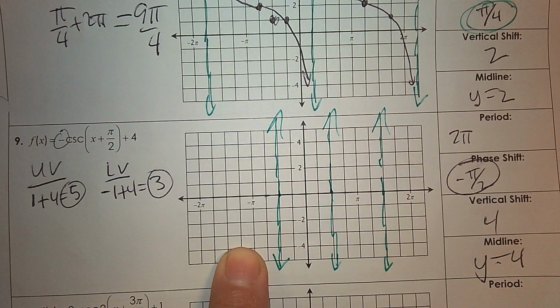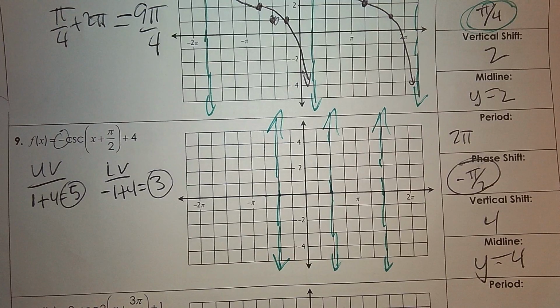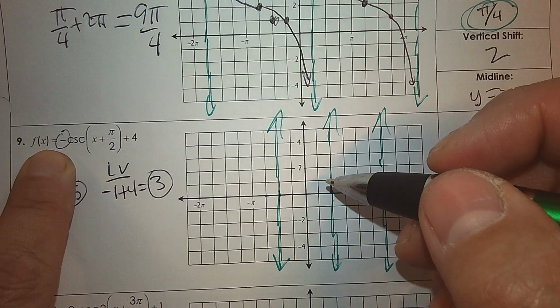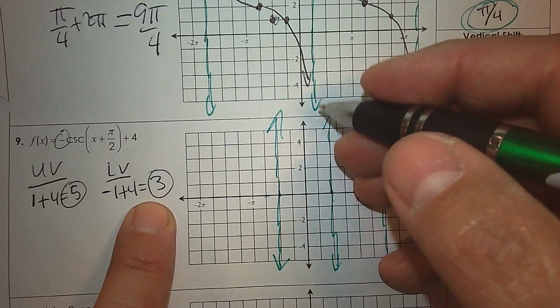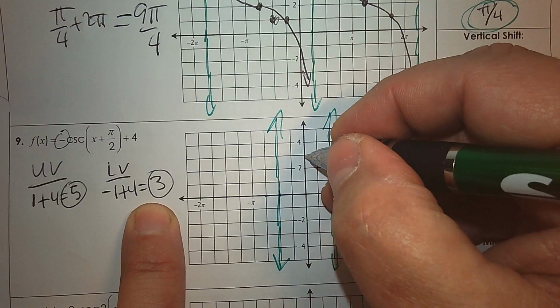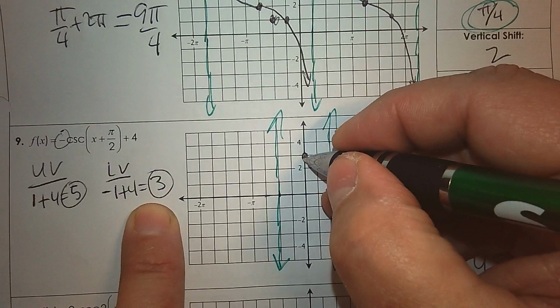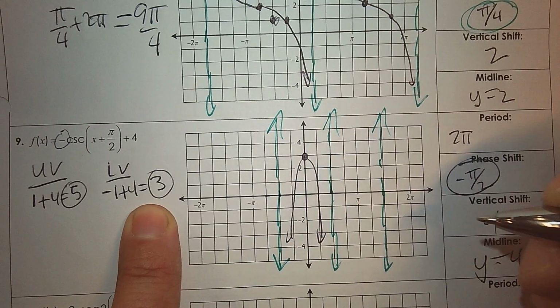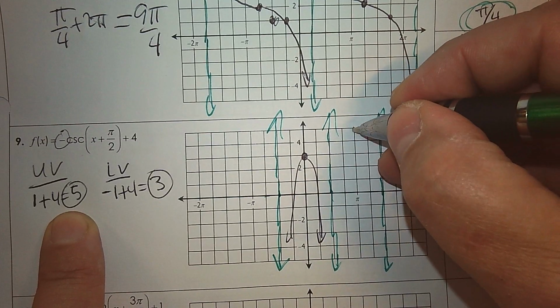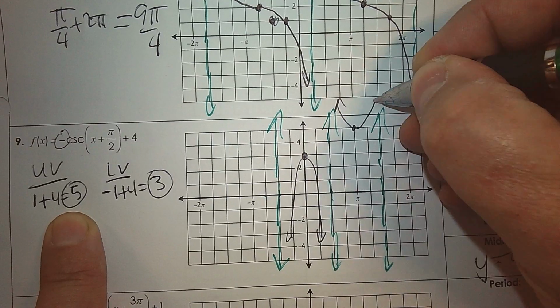And then in the middle between them is also an asymptote. Now, between my first two asymptotes, because cosecant's negative, it starts with a lower vertex there. So here I'm going to go down to negative 3, or positive 3, I mean. And that's one that goes down. And then when I go to the next middle, it's at 5. That's going to be off my graph, up above my graph.